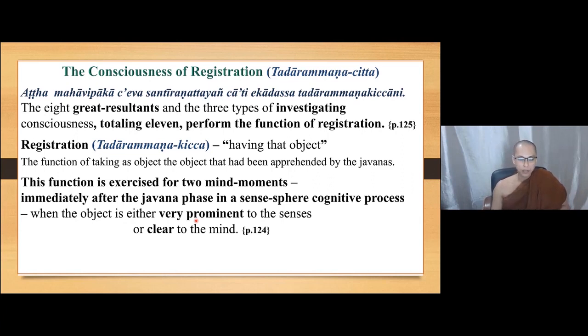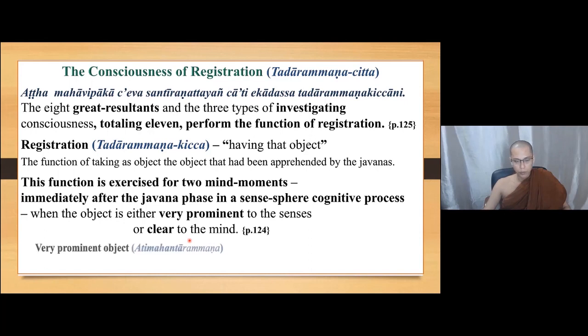Only the very prominent object has a long enough lifespan to allow the two mind moments of registration to occur. That is why the two mind moments of registration always arise with the very prominent object. And in the mind-door process, it arises with a clear object. If it is an obscure object, there is no registration moment.